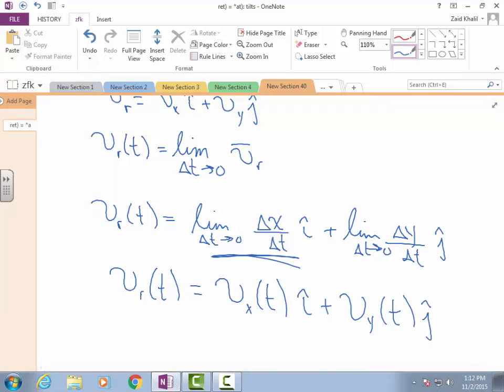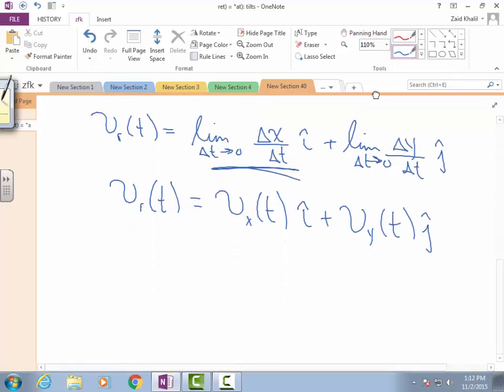Now what can we do? We can define which acceleration? Average acceleration. How do we define average acceleration? Same exact way. You have a final instantaneous velocity in each direction. So you can call this V_Rf equals Vxf i hat plus Vyf j hat.